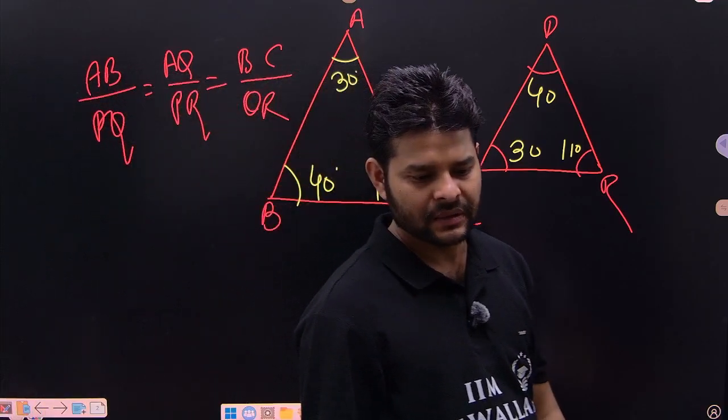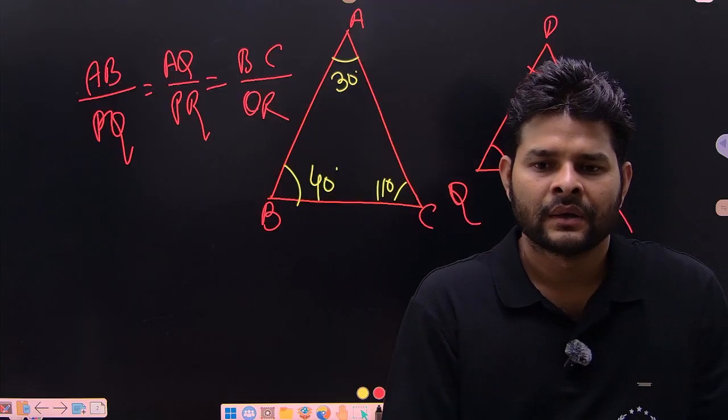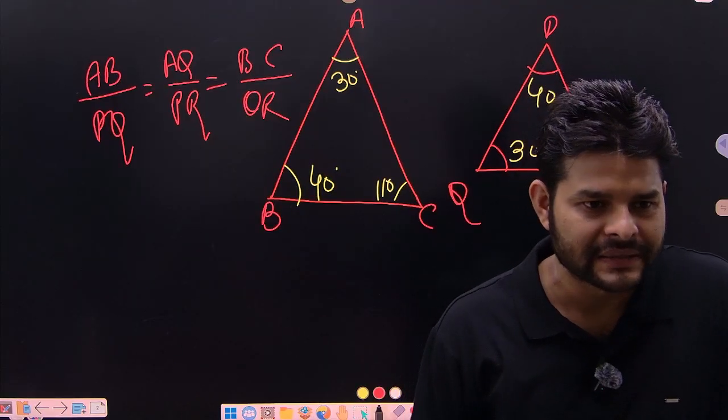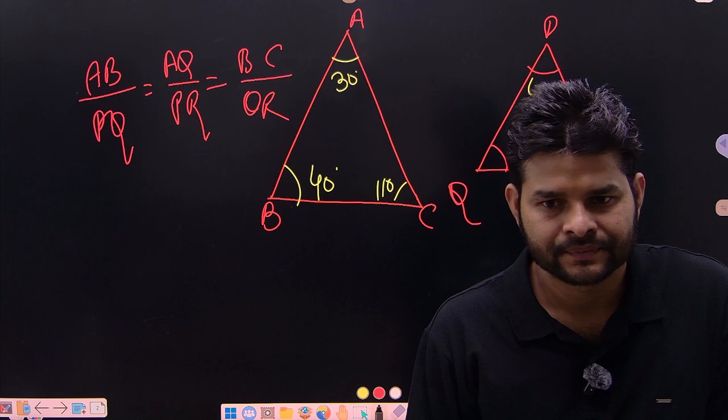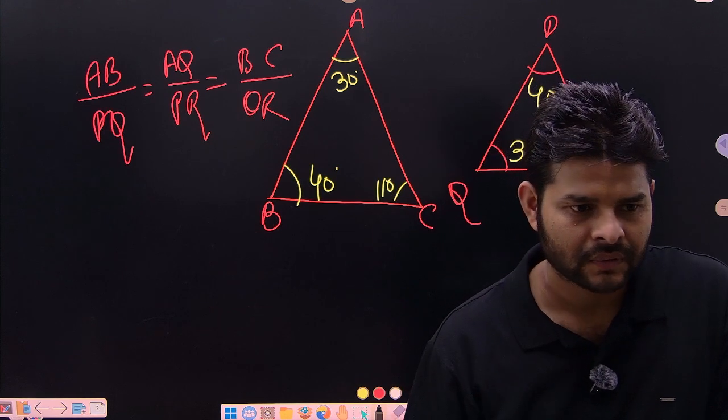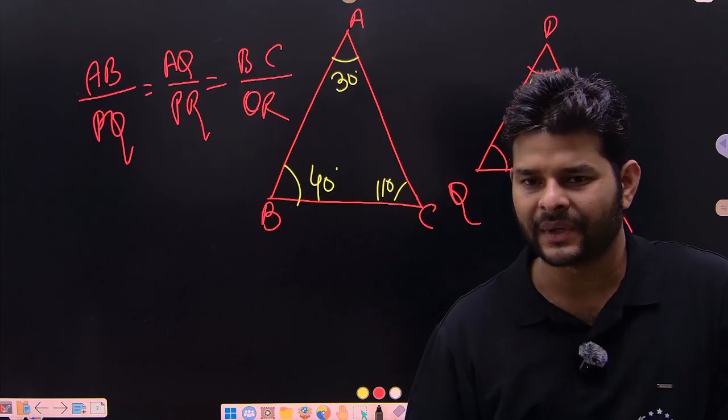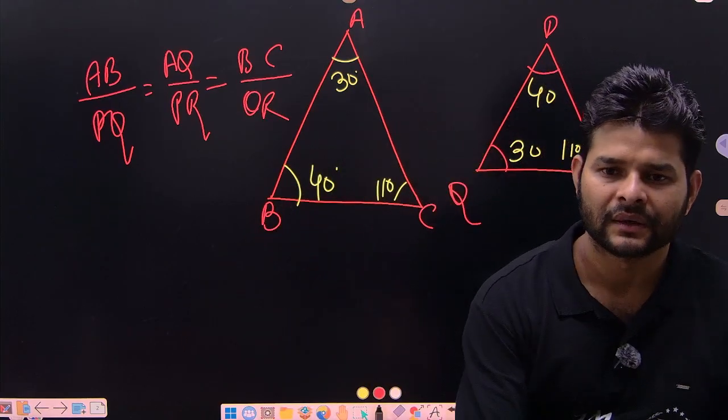That was the first basic property of two triangles. If two triangles are similar, they must follow that property.